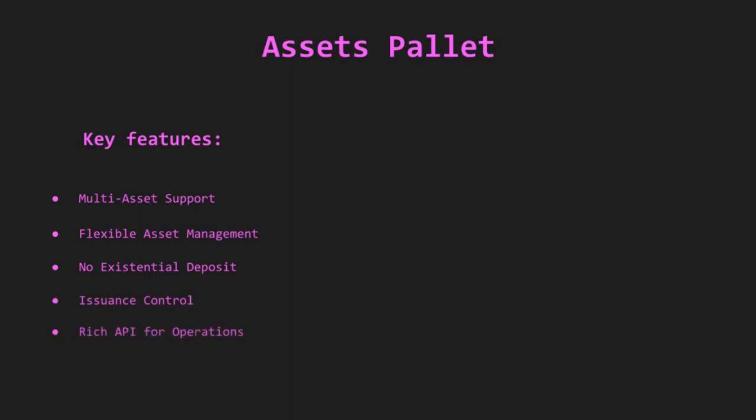Provides a comprehensive set of operations such as transferring, freezing, burning, inspecting, and managing asset metadata. Enables the creation of custom economic models for specific assets, including governance tokens, utility tokens, etc.